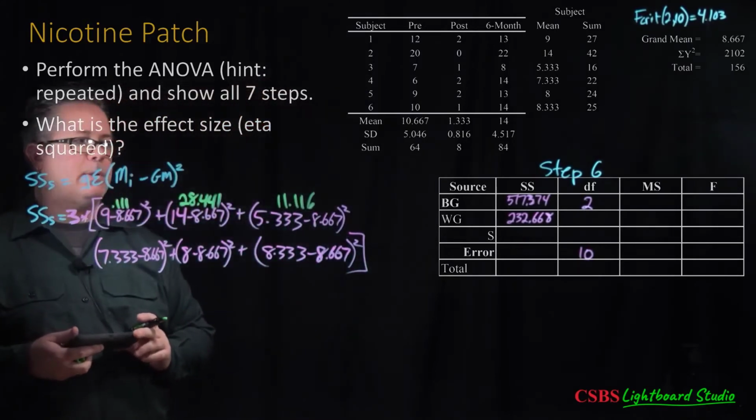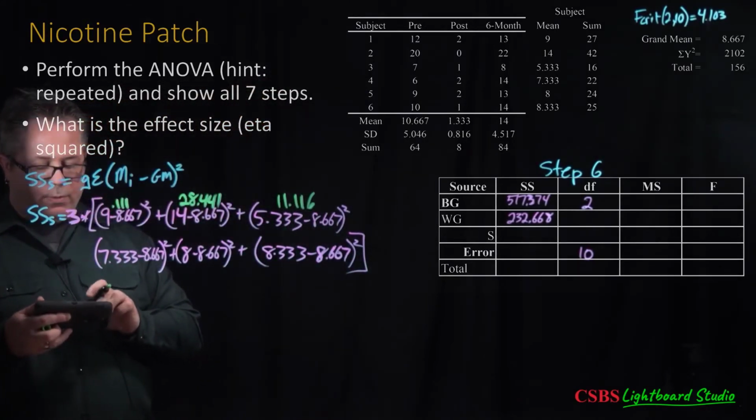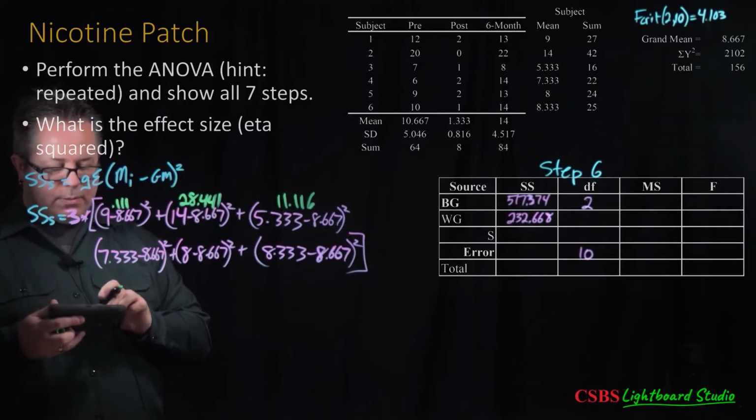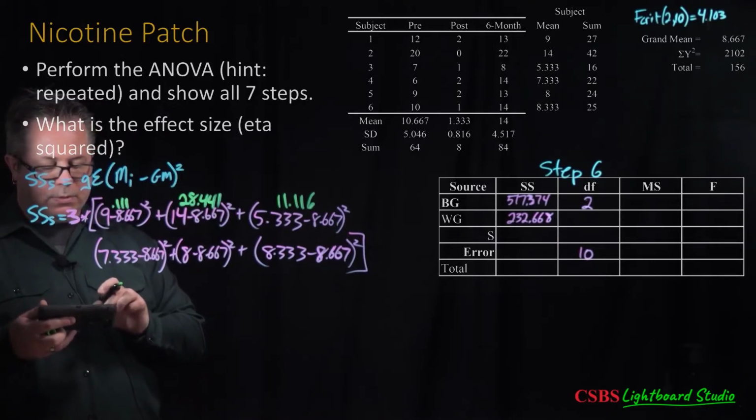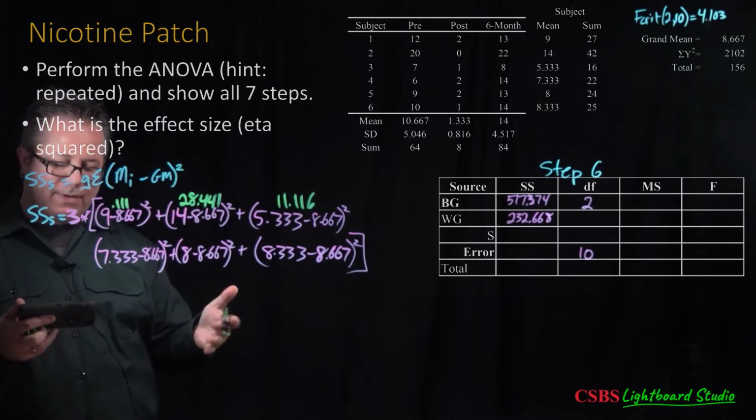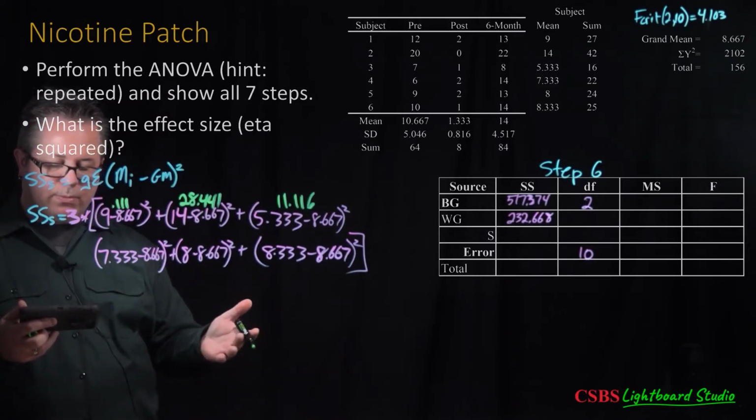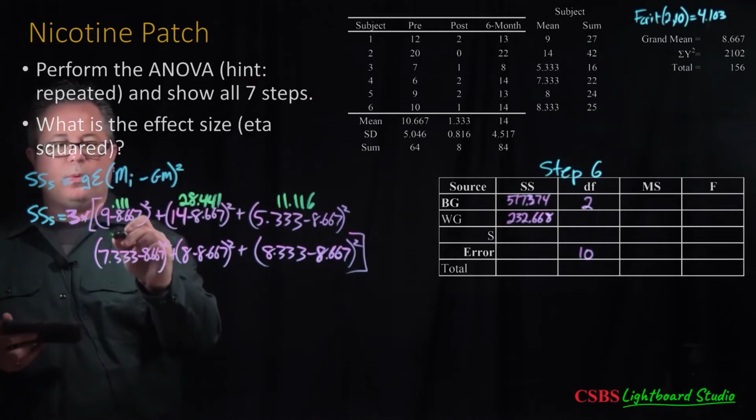Okay. 7.333 minus 8.667 equals negative 1.334. Squared is 1.779556, so 1.780.